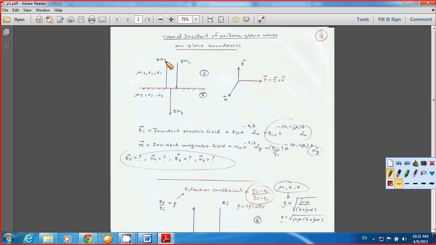I use the subscript R as reflected, and also have transmitted, which I represent by the subscript T. Okay, so what we're going to do is write this down.